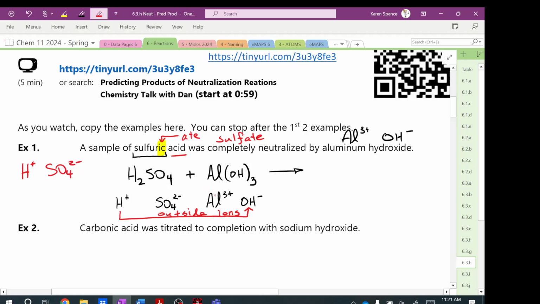Do we go forward or backward for the inside ions? Backward. So we go AlSO4. So those are my inside ions. When I do my outside ions, H and OH, what do I get? I get H2O. I'm actually going to leave it as HOH for now because I'm going to balance hydroxide as a group. Okay?